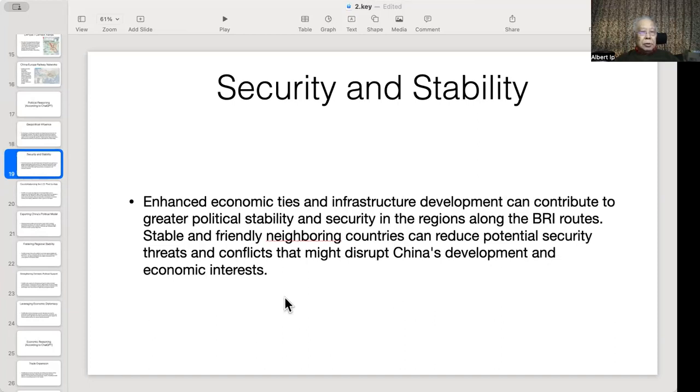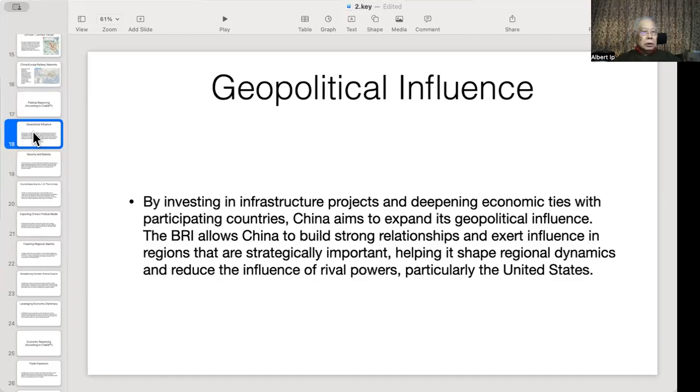Stable and friendly neighboring countries can reduce potential security threats and conflicts that might disrupt China's development and economic interests. I think that is quite accurate, but it is too general. Almost every action by a state somehow is related to its security and stability, and also including its political influence.